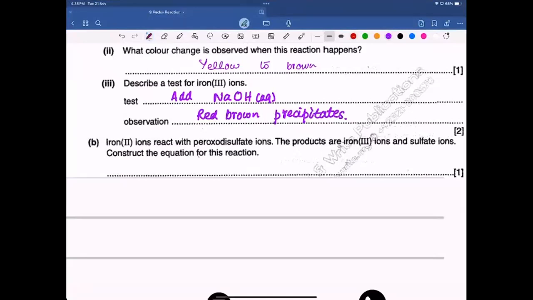Okay, yeah. It's S2O8 2 negative. Now try it.